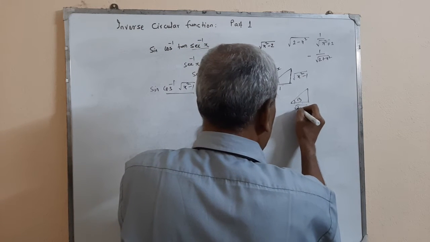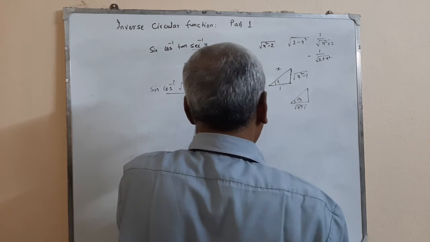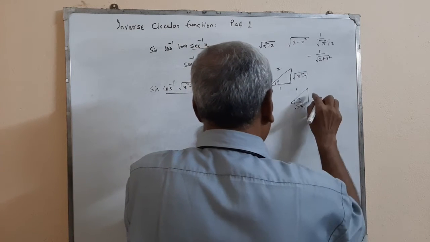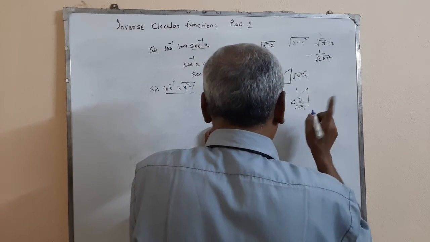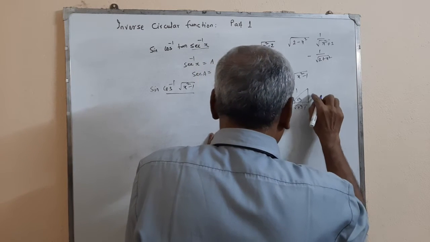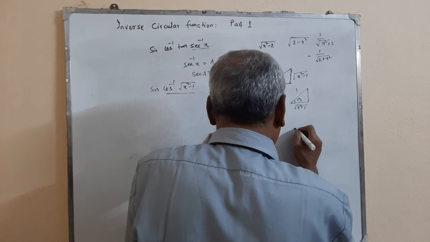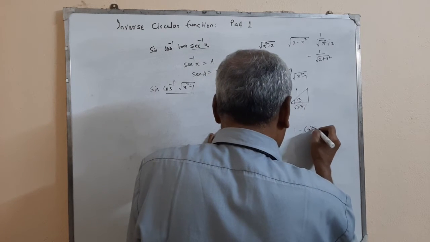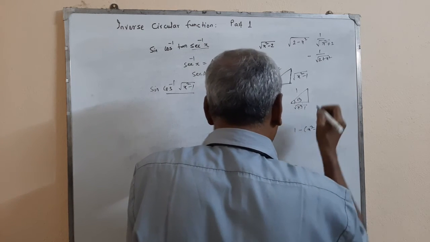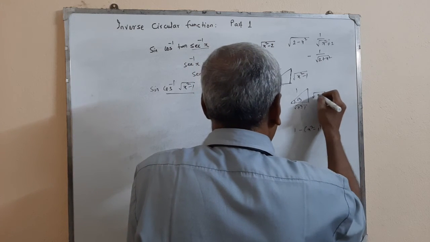The other side is 1 minus this square, that is, 1 minus x square minus 1, so it is root over of 2 minus x square.